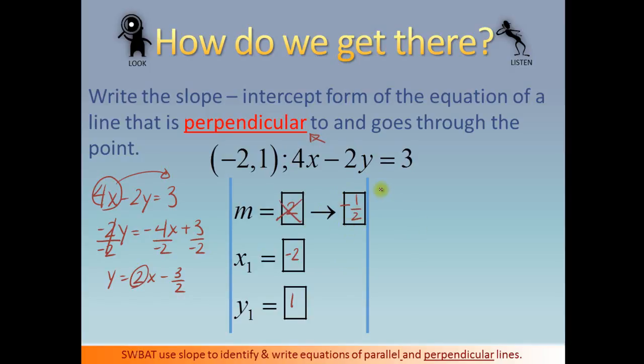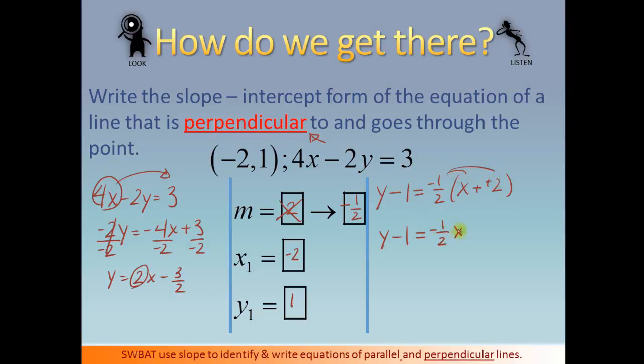Now I'll start with point-slope form. Y minus y1 equals, the m is negative 1/2, times x minus x1, again x minus a negative 2, and then you simplify and put it in slope-intercept form. Let's go ahead and do that. Y minus 1 I'm going to carry down. Again, I subtract a negative, so I'm going to change that to a plus, and then I'm going to distribute that negative 1/2.